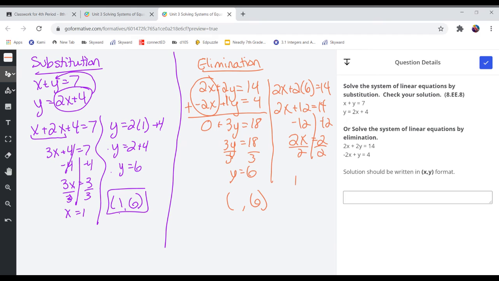Divide both sides by 2. Get x equals 1. So your solution is (1, 6). And you'll notice that the answers for both of them, whether it's substitution or elimination, are the same.